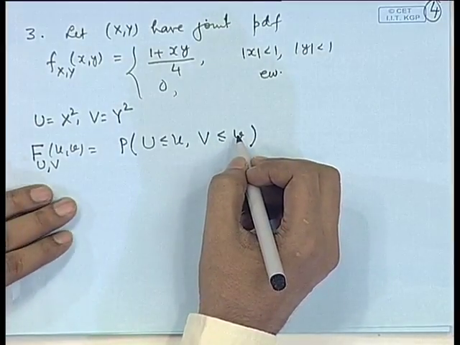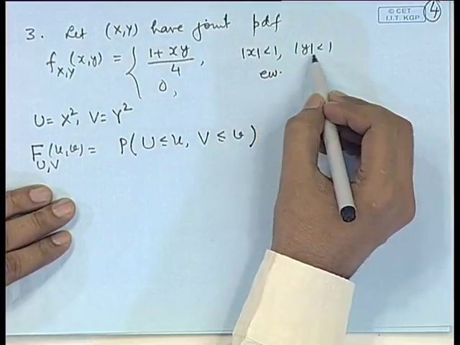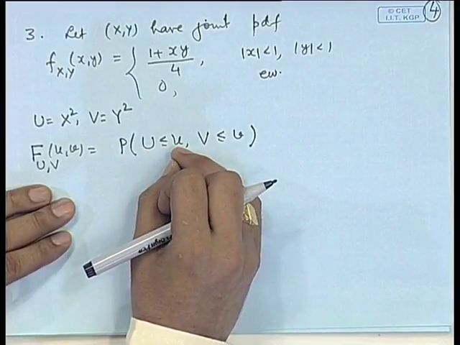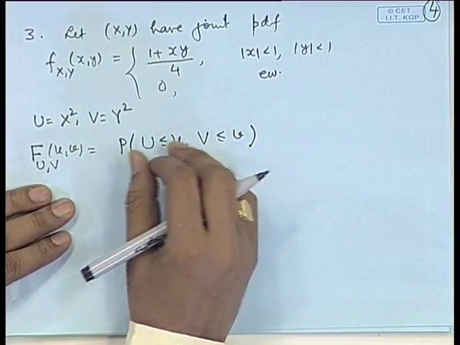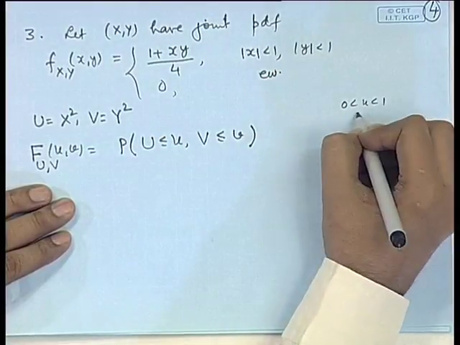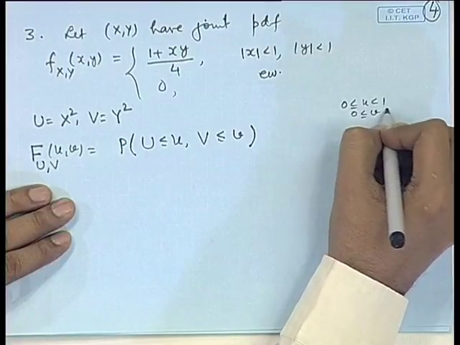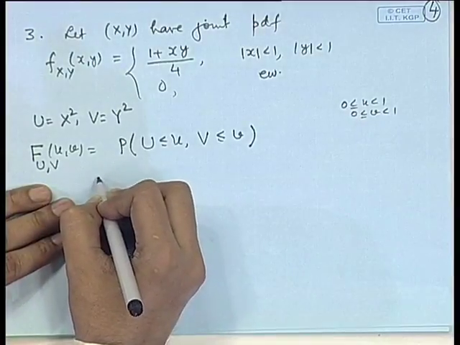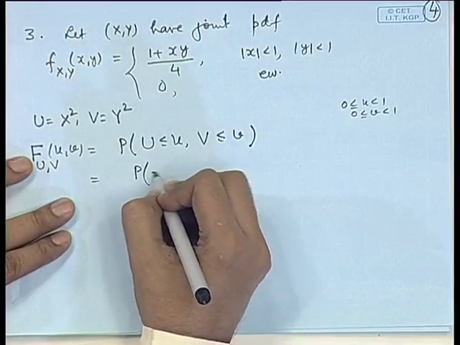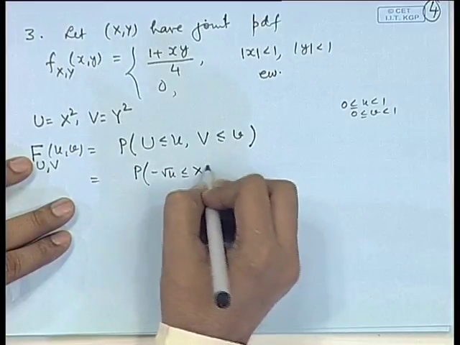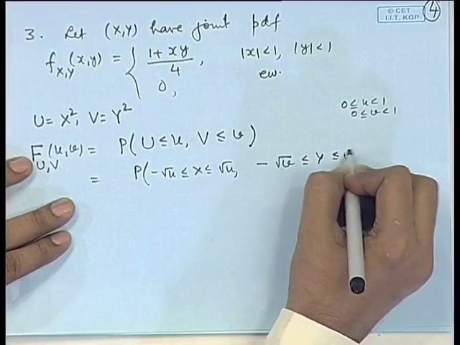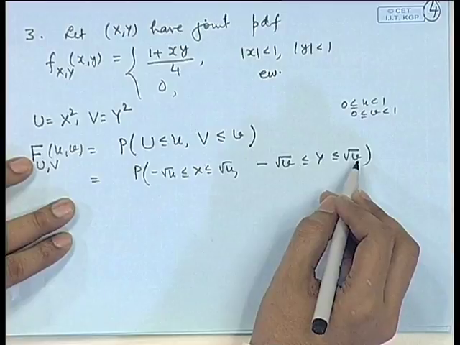Now, notice here that both x and y lie between -1 to 1. So, here the valid region for u and v will be between 0 and 1. So, we consider that 0 less than u less than 1 and 0 less than v less than 1. So, for this case, this is nothing but probability of x lying between minus root u to plus root u and y lying between minus root v to plus root v.